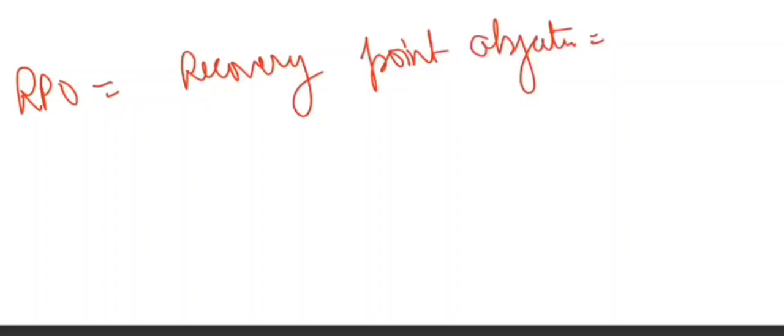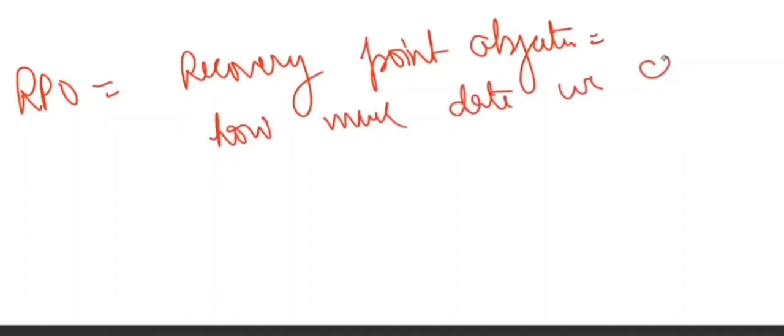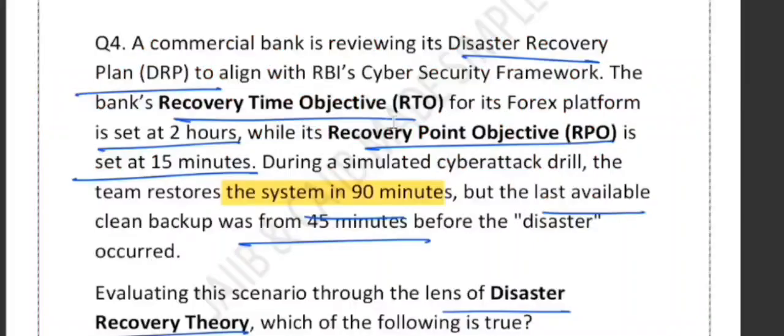RPO means recovery point objective. So what does it mean? How much data can we afford to lose? That's called RPO, recovery point objective. The target they have given here is 15 minutes. Right, RPO target is 15 minutes and actual loss is 45 minutes. Right, so it is a failure.